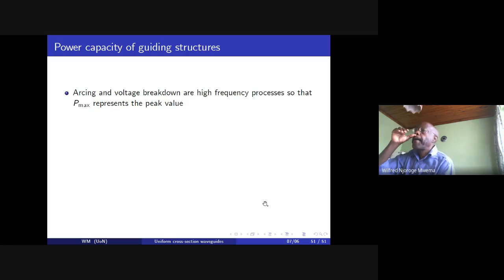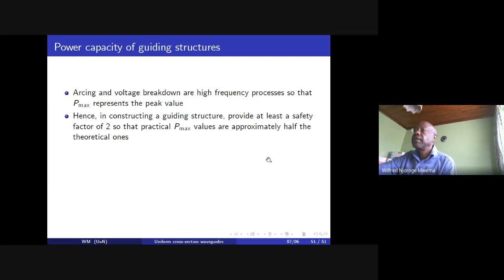So arcing and voltage breakdown will be high frequency processes, and therefore Pmax represents the peak value of that particular guide. Hence, when we are constructing a guiding structure, we must provide a safety factor of 2 so that the practical Pmax values are approximately half the theoretical ones.